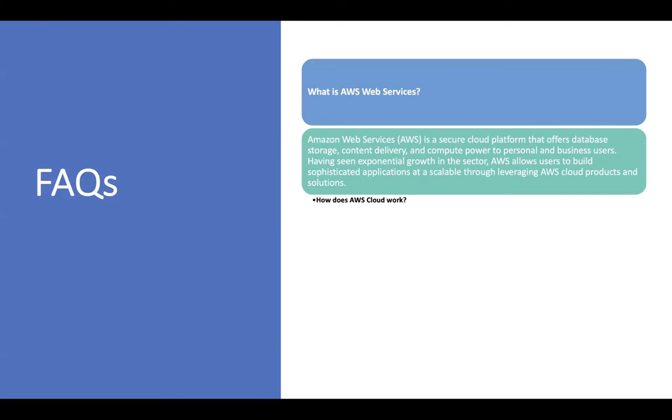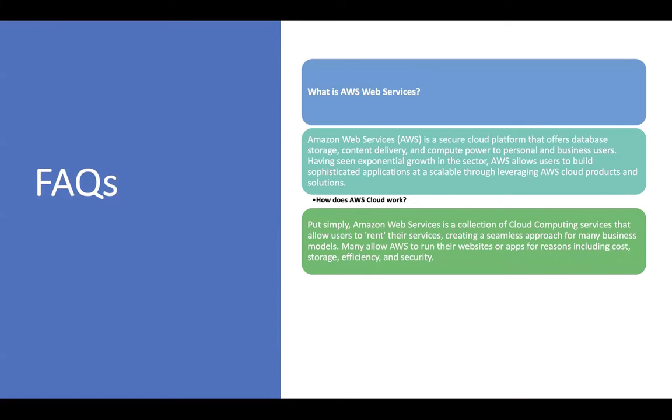How does the AWS cloud work? Simply put, AWS has a complete collection of cloud computing services, and it basically rents out these services. You just need to use those services and pay for what you use.